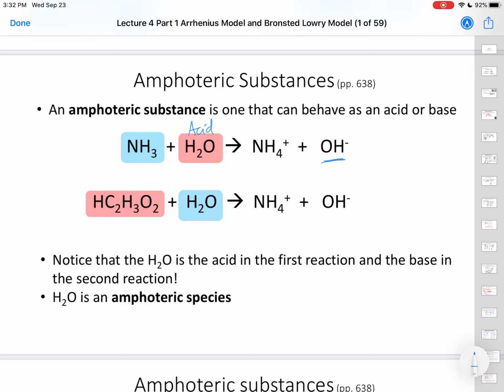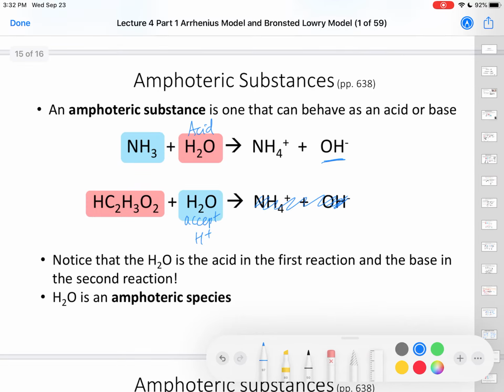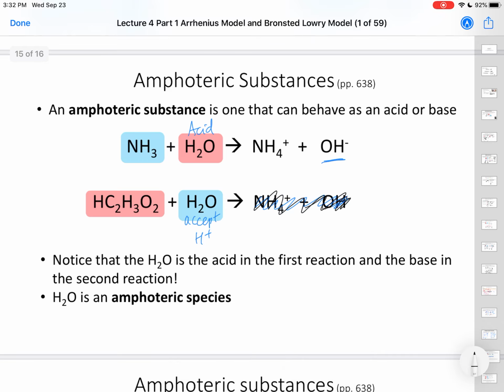But if you put H2O with something like acetic acid, it will actually, sorry, this is incorrect. It will actually accept an H plus, okay? And so therefore it actually forms, let me rewrite this, I think it's a copy-paste error.